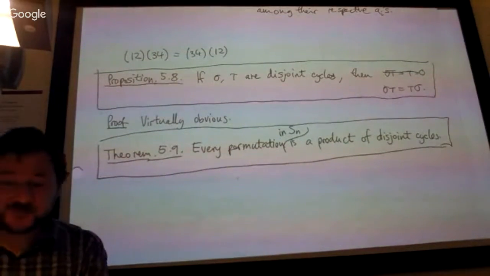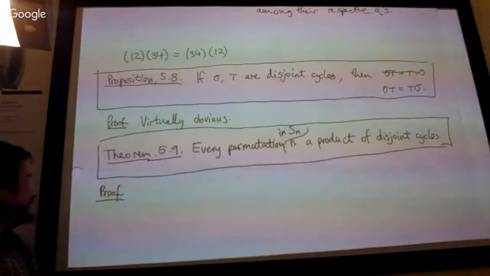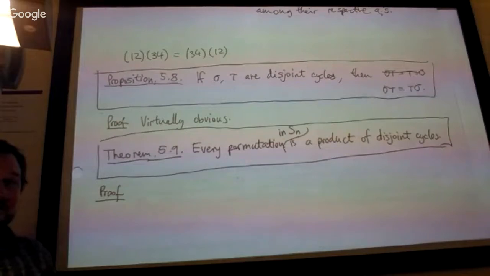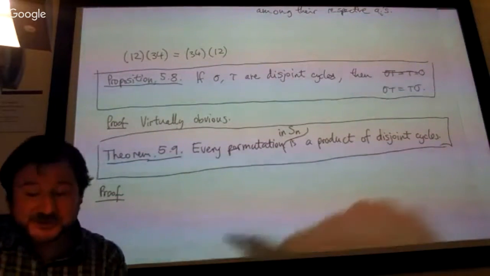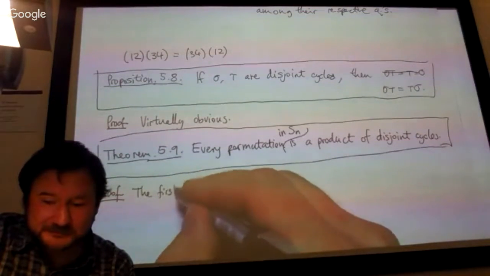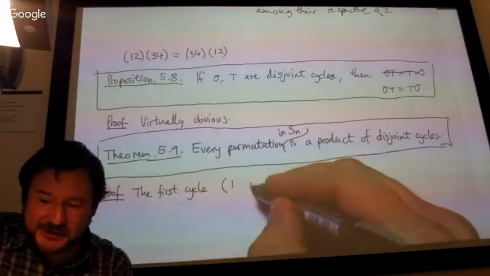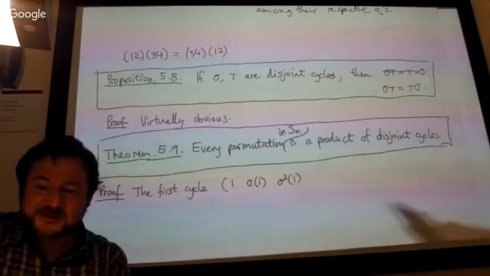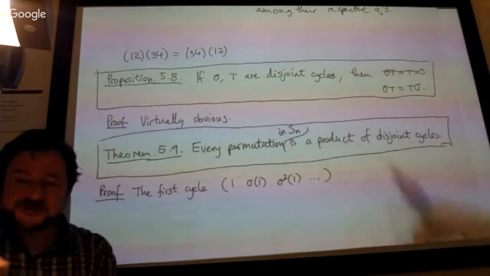Okay, what is the proof? When I started thinking about the proof, that reminded me that I need a finite permutation there, because what you do is, for the first cycle, you can start with 1, then look at what sigma does to it, then what sigma does to that, and so you go, and at some point you close the cycle.